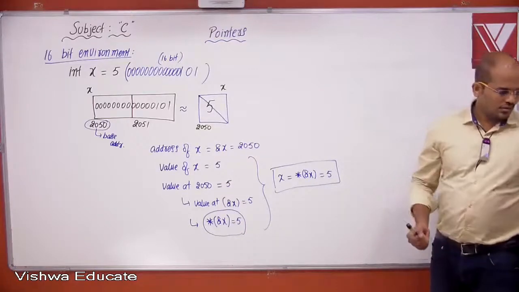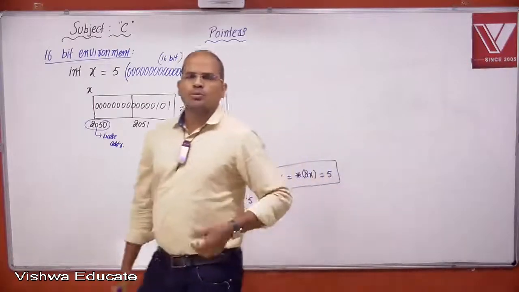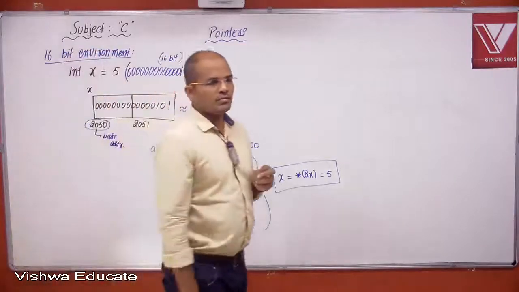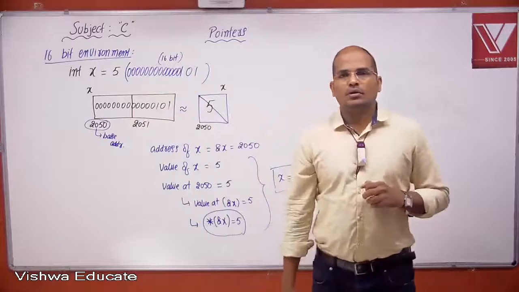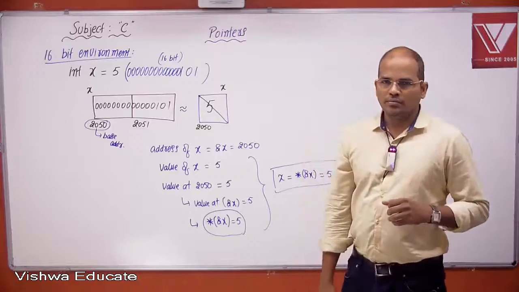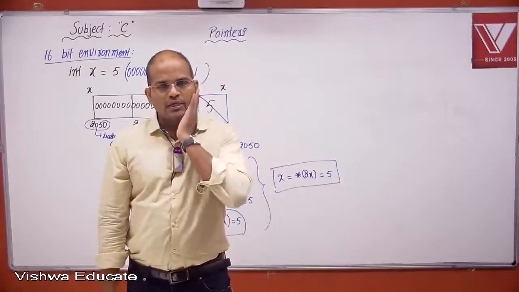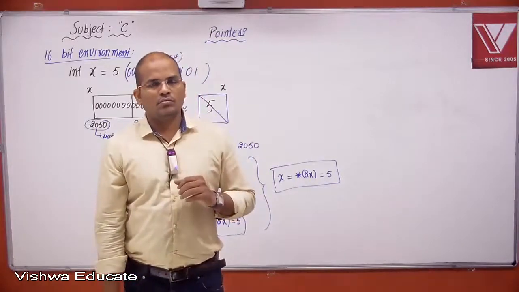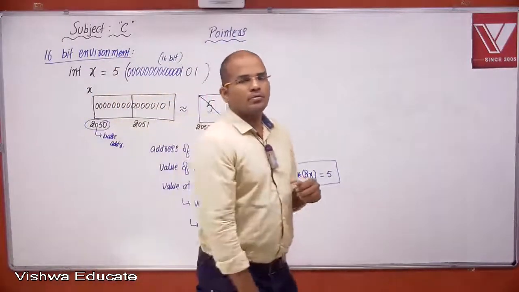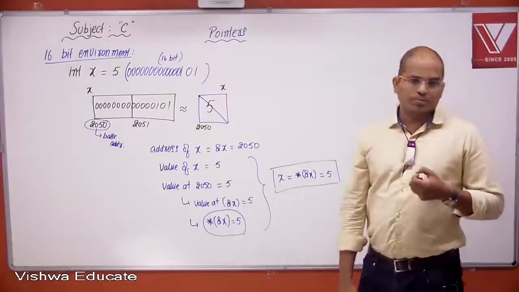Done copying that? If done copying, then let us go to the definition of pointers. So what is a pointer now? A pointer is a variable that stores the address of another variable of its own type.